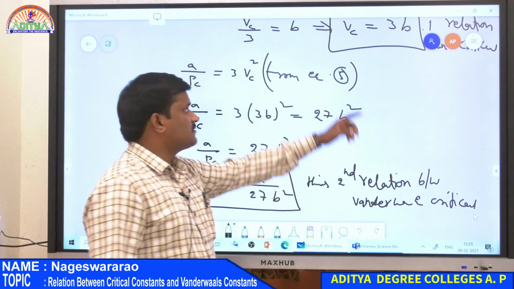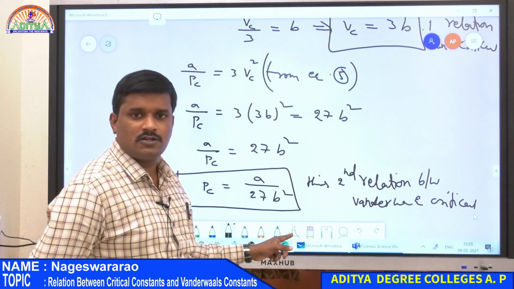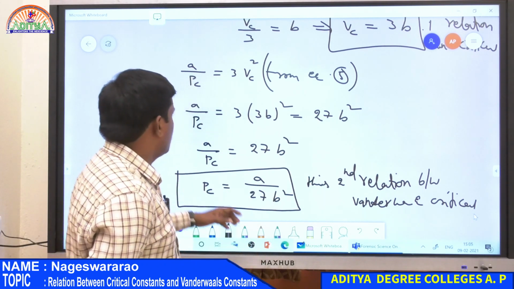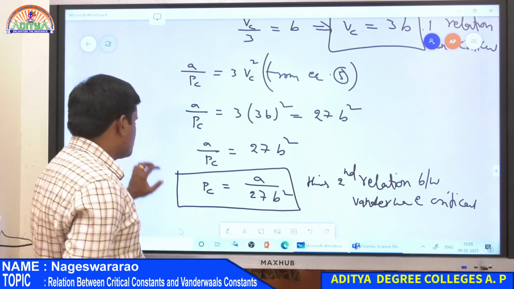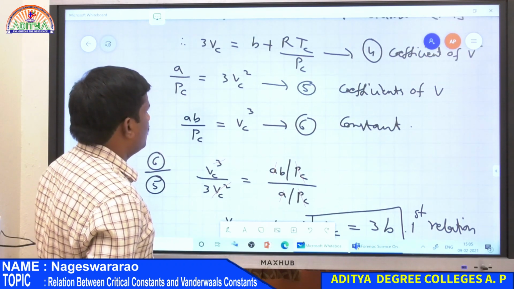So the first relation is Vc is equal to 3B and the second relation is Pc is equal to A by 27B square. Now go for Tc by using equation number 4.